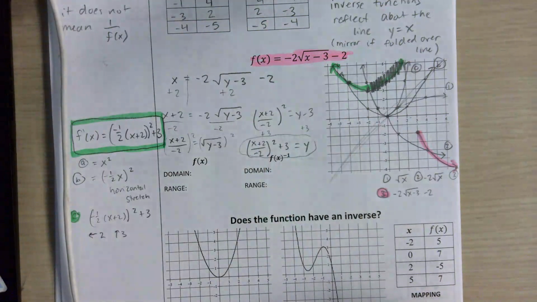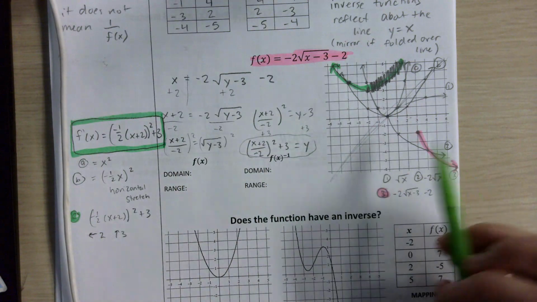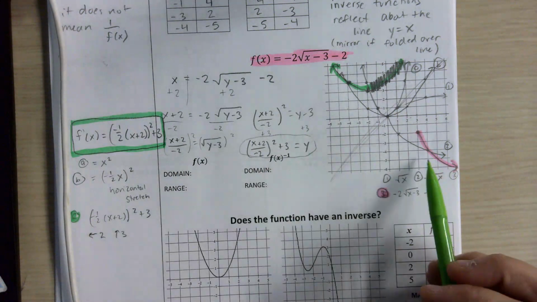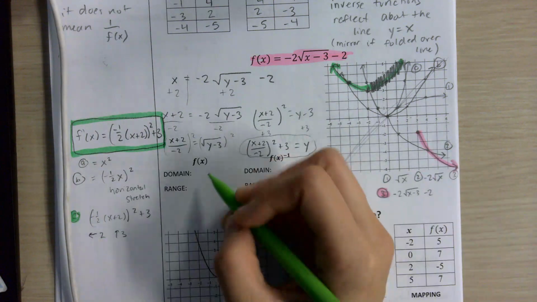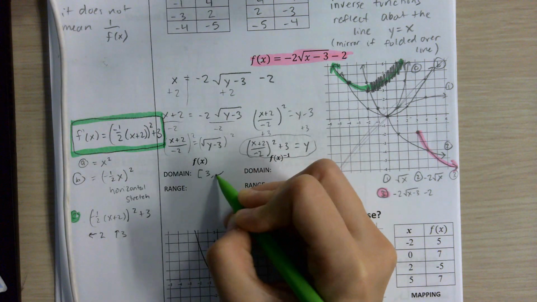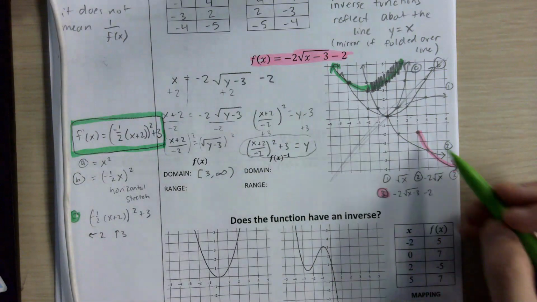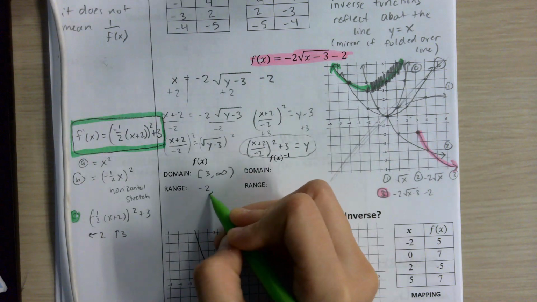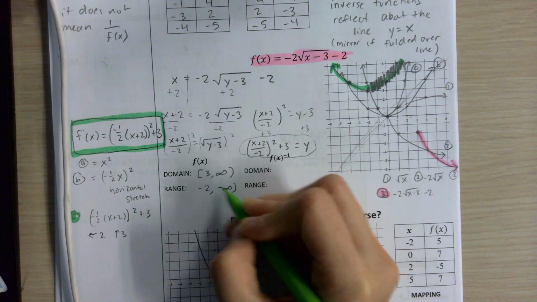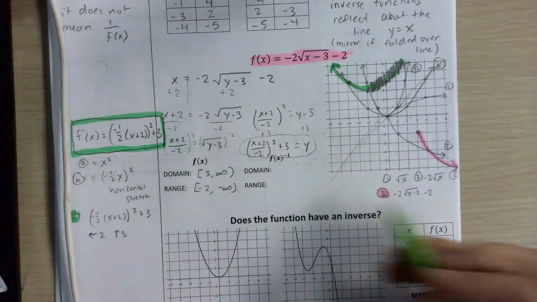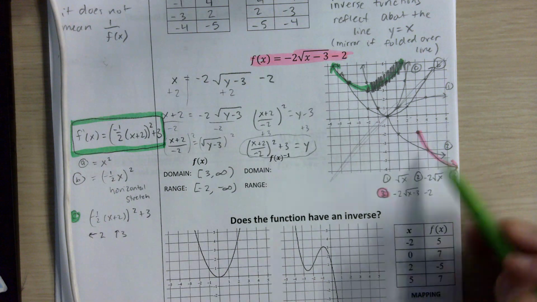So a good way to think about that is the domain and the range. So if we look at this pink graph originally, our domain is going to be 3 onward, so 3 to infinity. And our range is going to be negative 2 to negative infinity, right? So it goes negative 2 and then it goes down forever.